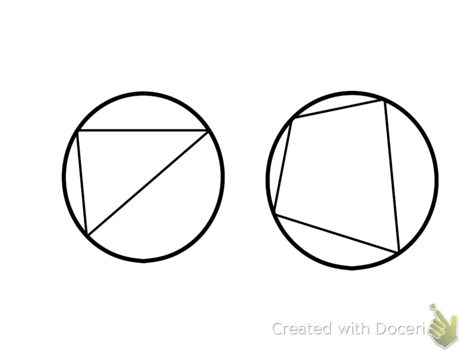This right here, well, both of these are examples of inscribed polygons. And inscribed polygons are polygons that have all their vertices on a circle. So if I'm looking at these examples, I got the vertices of this triangle all on the circle, and for this quadrilateral, its vertices are all on the circle. So these are examples of inscribed polygons.